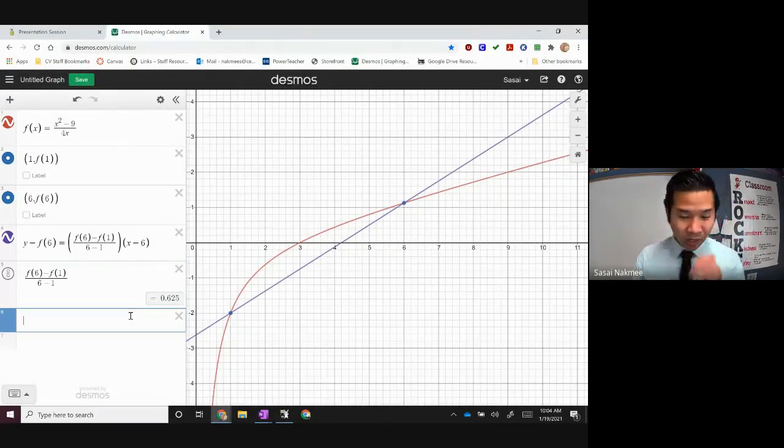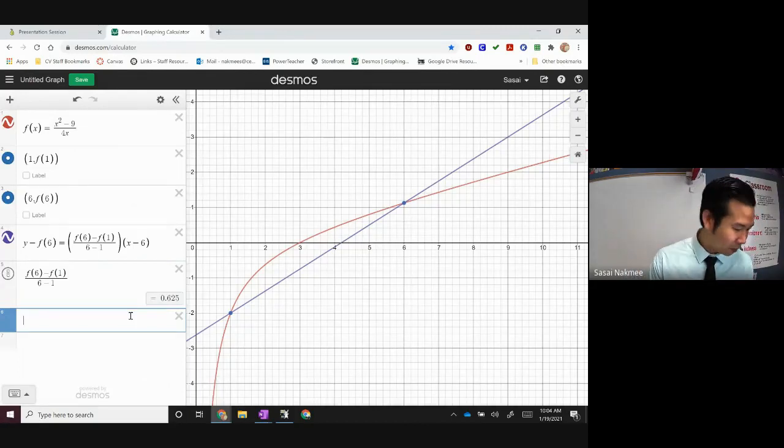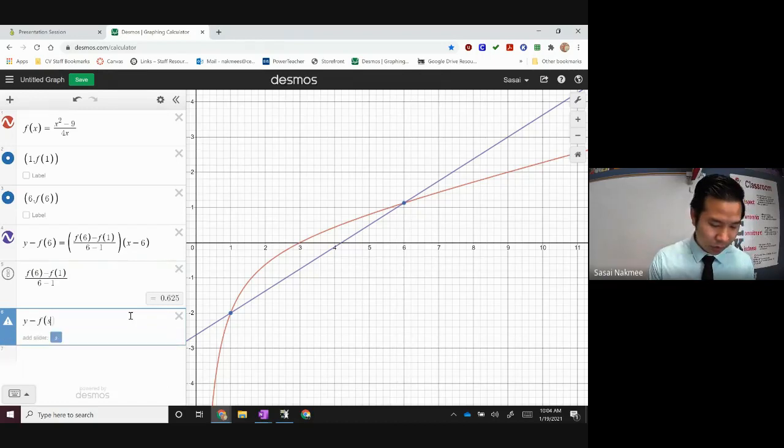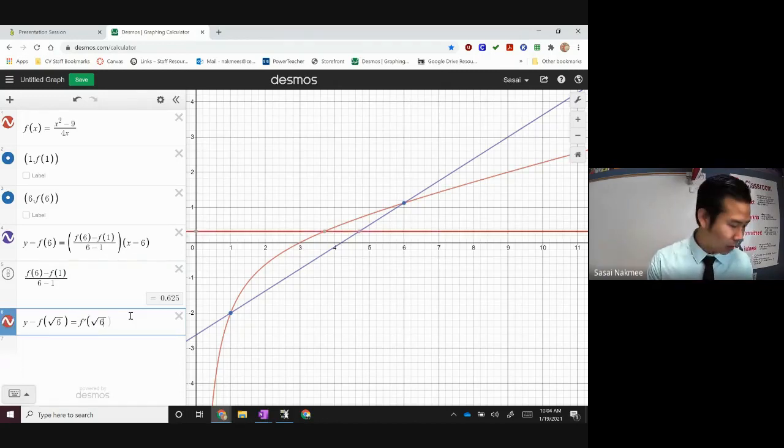And if you draw a tangent line at the square root of 6, check this out: y minus f of square root of 6 is equal to f prime, the derivative, at square root of 6.